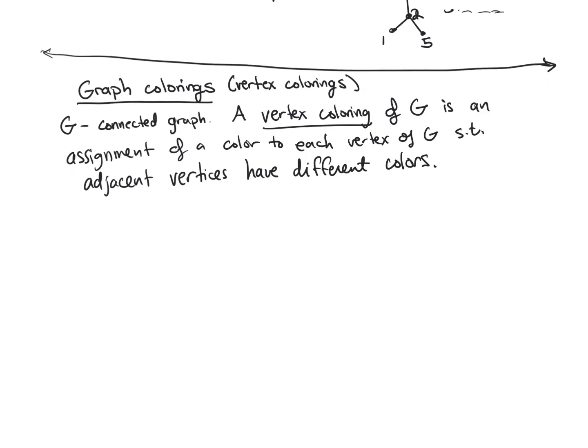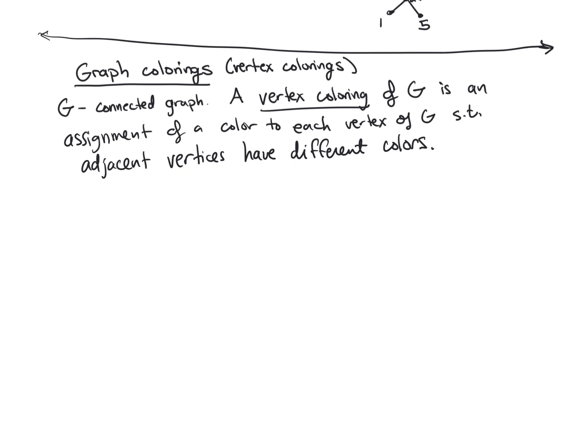Okay, so there are 2 things that we'll ask. You can always ask what's the minimal number of colors that you need. Of course it depends on the graph that you choose, and it's tricky, but it's an interesting question to ask: if I have a certain graph or class of graphs, what's the minimal number of colors that I can use?